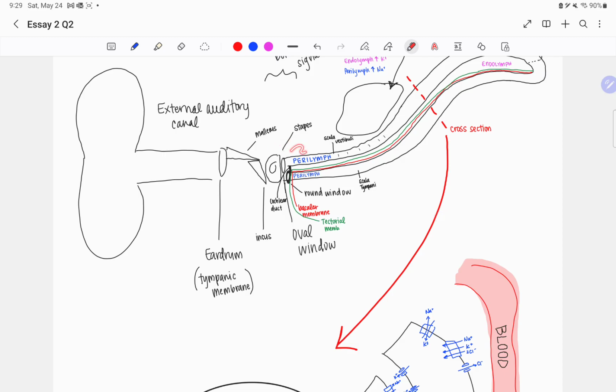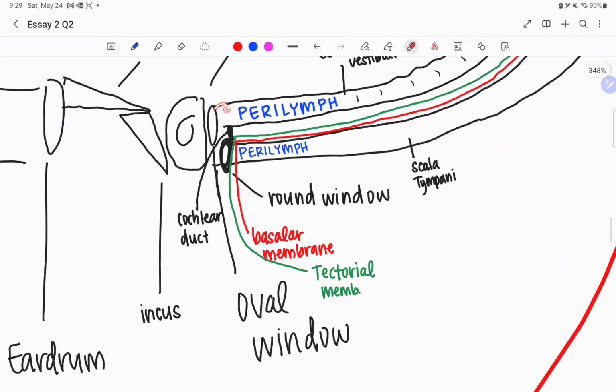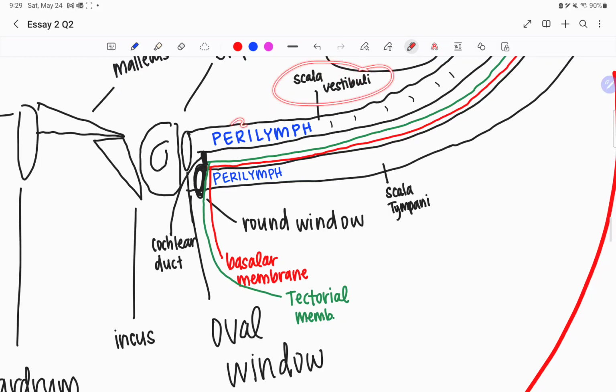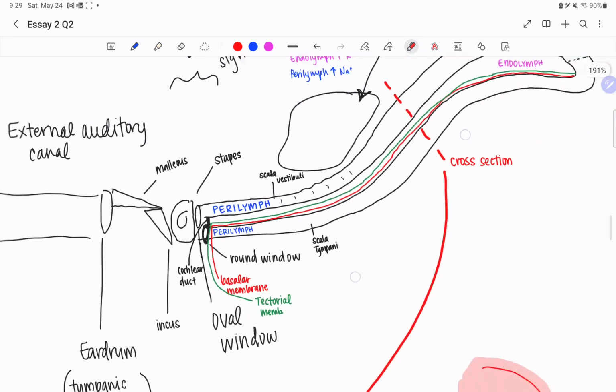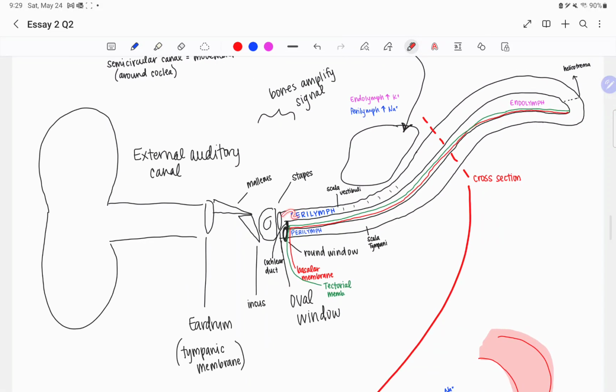Now, the stapes, like I said, is connected to this oval window right here. Okay, oval window. And then the oval window is connected to the scala vestibuli here, okay? Now, the scala vestibuli, this is all part of the cochlea, all right? And so this cochlea is filled with fluid called perilymph right here.